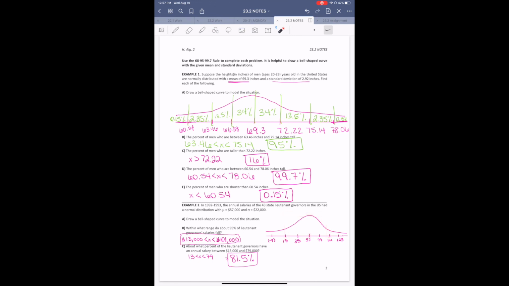Okay. And then for C, about what percent of the lieutenant governors have an annual salary between 13 and 79? Well, that's 2 standard deviations to the left and 1 standard deviation to the right. And if you add these all together, 34, 34, and 13.5, you get a total of 81.5%.